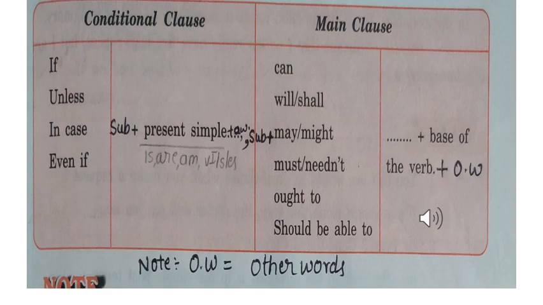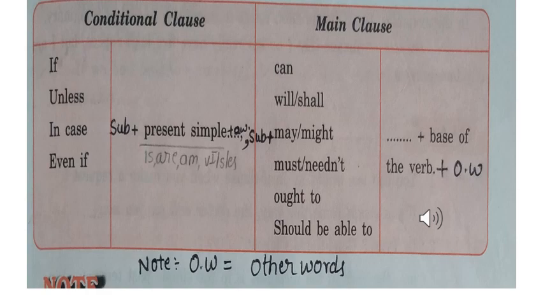It may be is, are, am, first form of verb including s or es according to your subject. Then OW means other words. After that, a comma. Then after, you need to write the subject of the main clause.